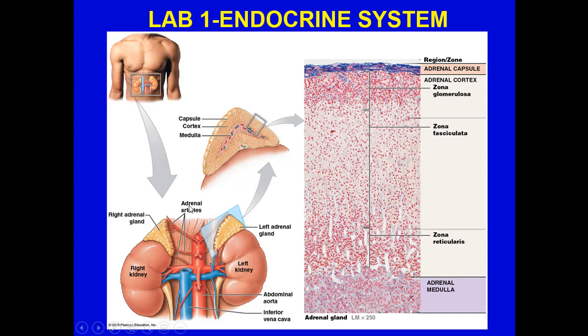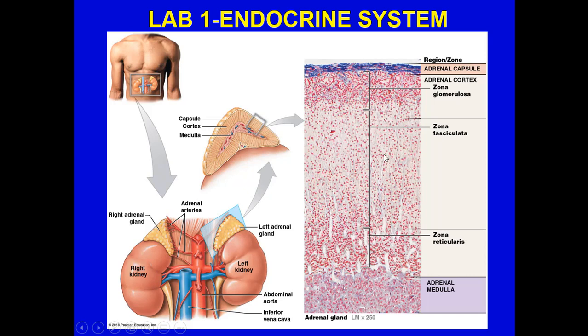Now, notice that you have adrenal arteries that come in here. They're going to be necessary to take away the hormones that are produced by the adrenal glands. If you look at the adrenal glands, you have the outer layer, which is the adrenal capsule. Then you start going through the cortex, which consists of 3 layers. The zona glomerulosa, they'll be somewhat rounded.